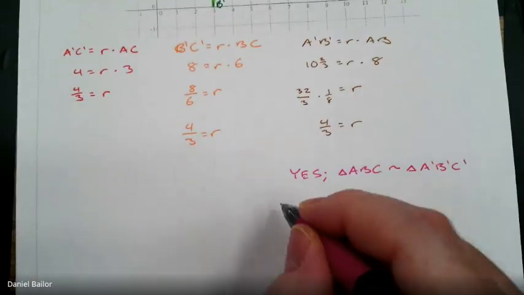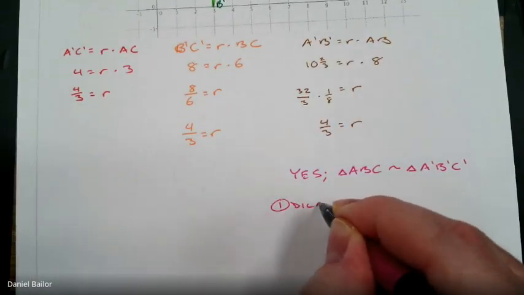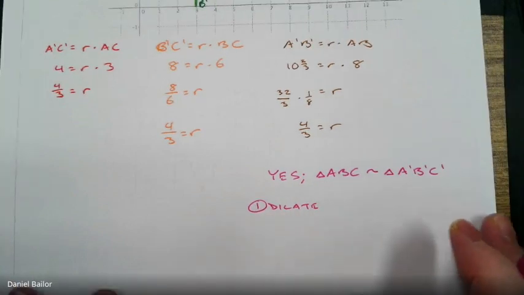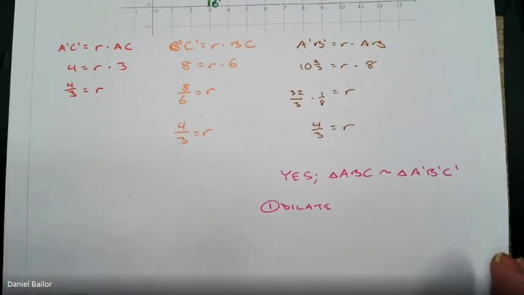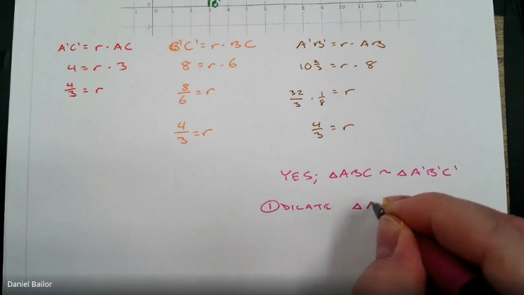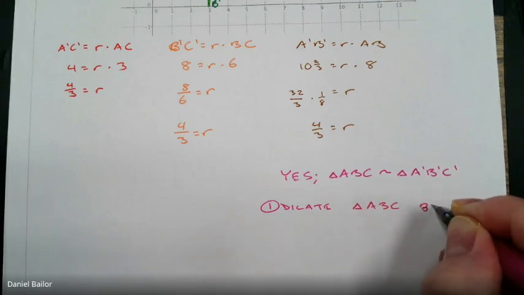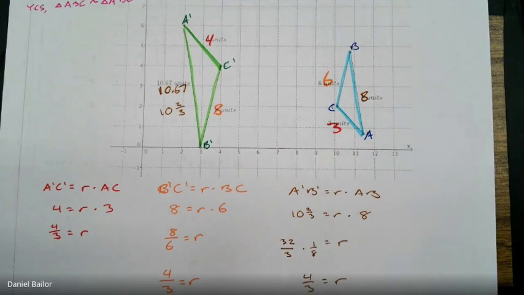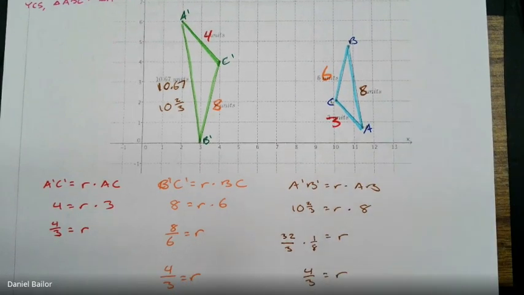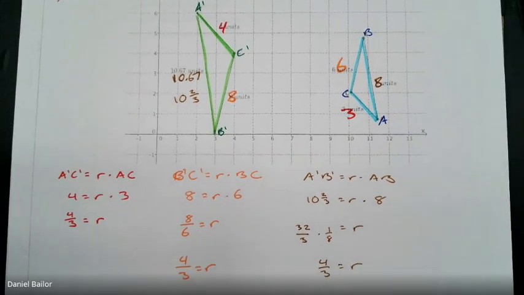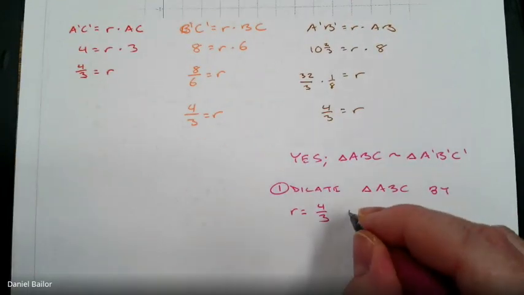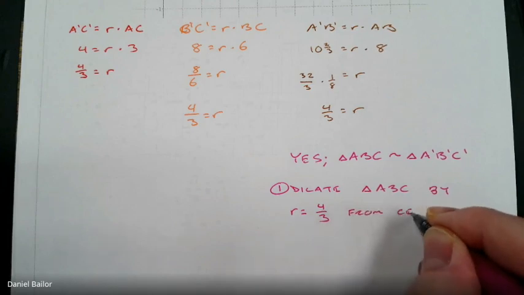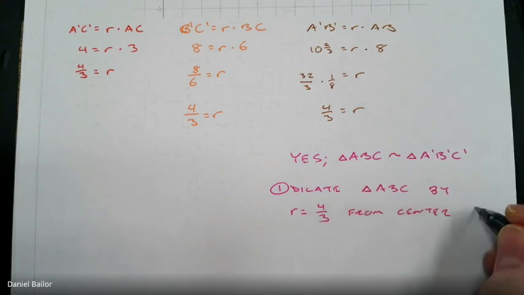So step 1 is always dilate. Match the size first. So let's dilate triangle ABC by R equals 4/3 because that's going to make it grow and match the size. So dilate by 4/3. And I'm going to say from center, not the origin, from point C.